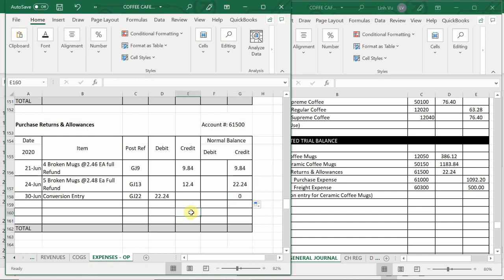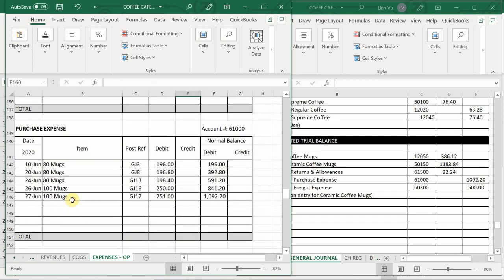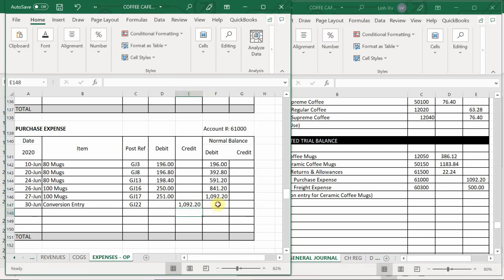All right. Next one is we're going to convert our purchase expense. So once again, 630, conversion entry. So we have 1,092.20. So that will bring my account balance to 0.